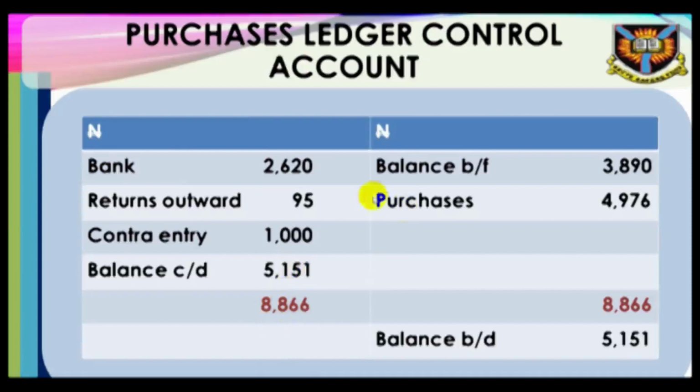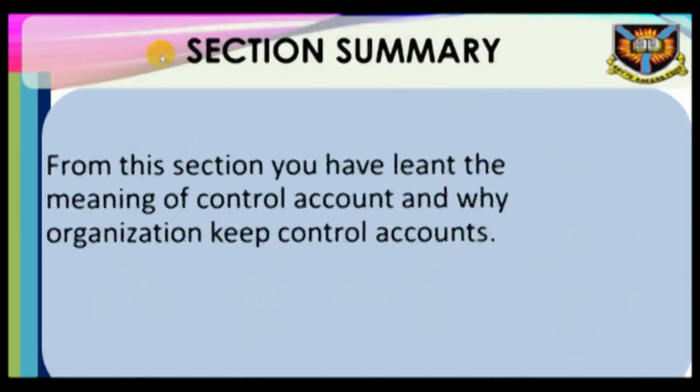On the credit side we have balance brought forward 3,890, purchases 4,976, and the total on both sides gives us 8,866 naira. And then we have a balance brought down of 5,151 naira on the credit side.